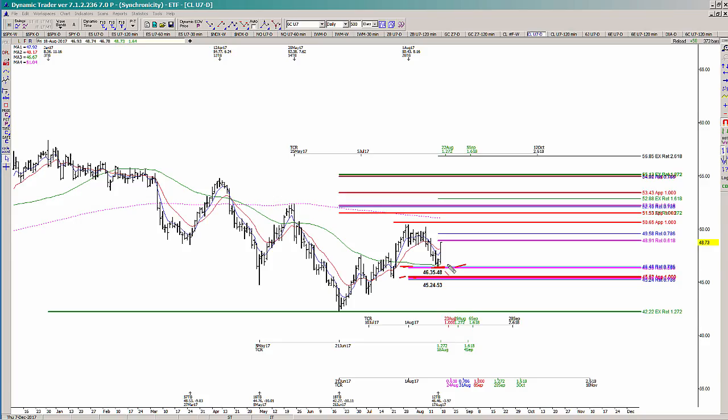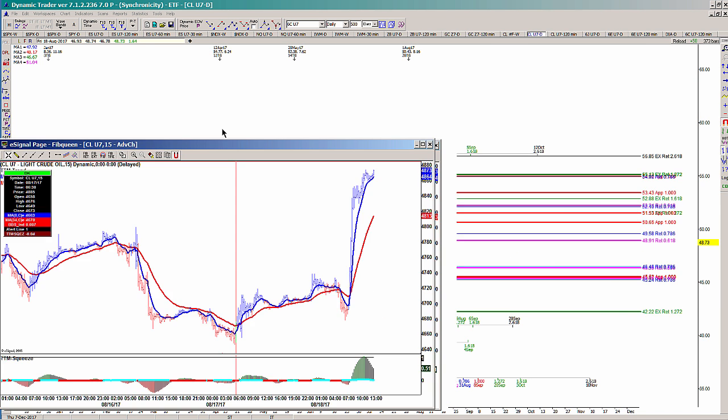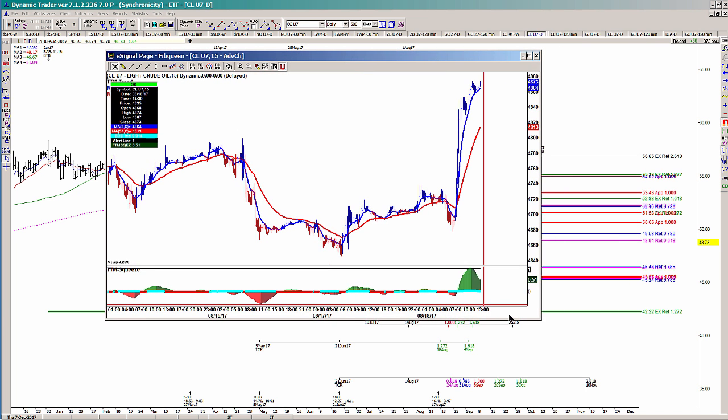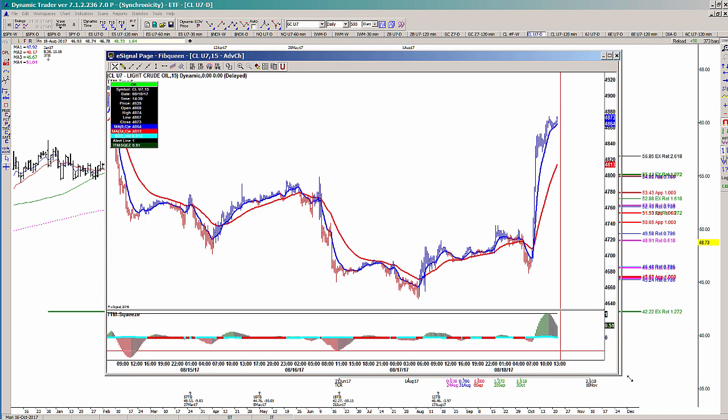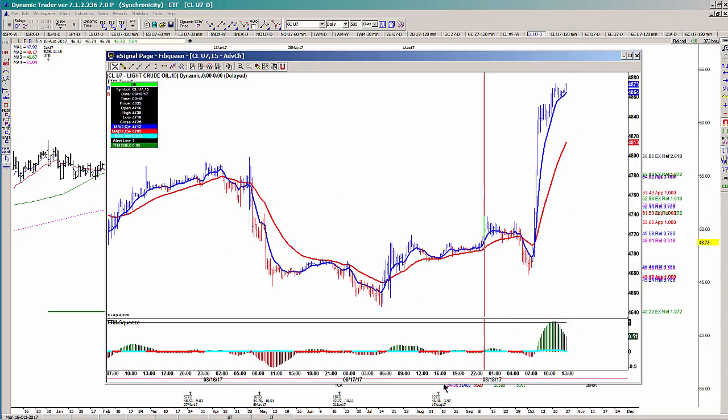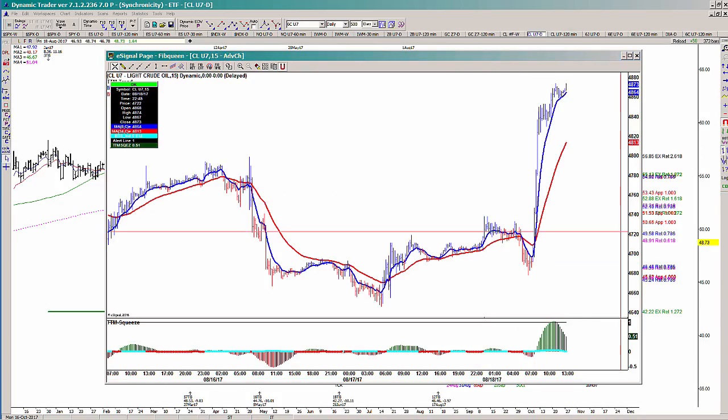Okay, so that's the setup. Where's the trigger? Well, the trigger comes in where you see a combination of two things. I like to see the moving average crossover after it tests the support, and I also like to see us take out a prior swing high as part of the process, because it would be a pattern shift.